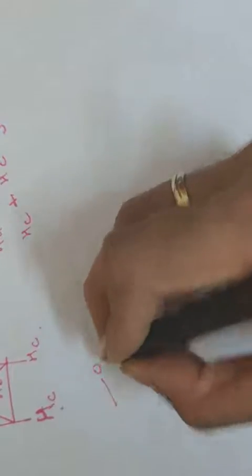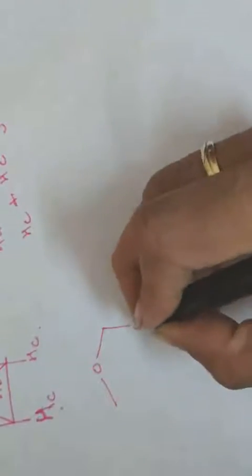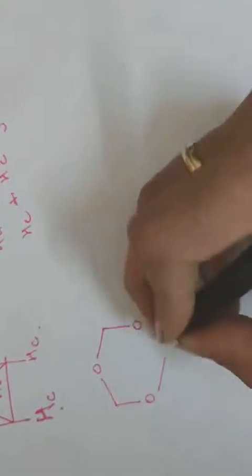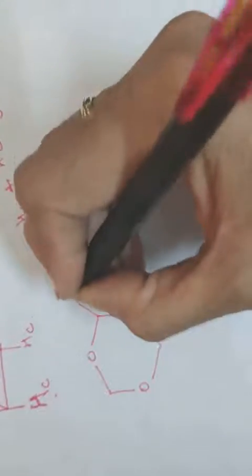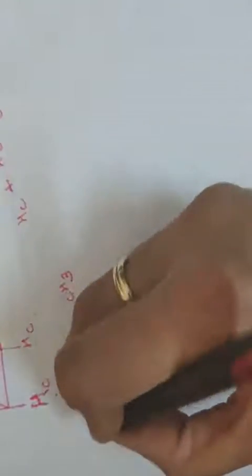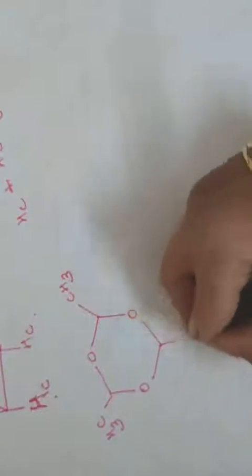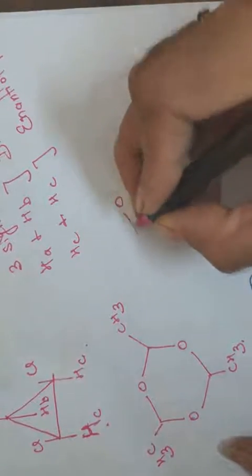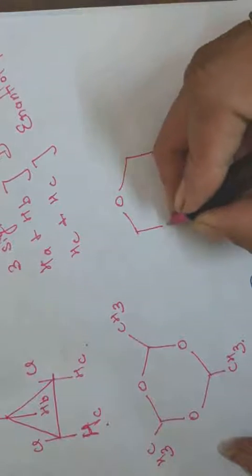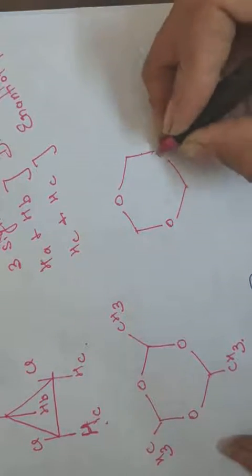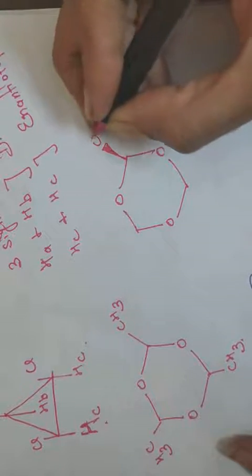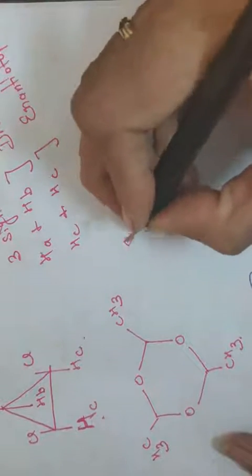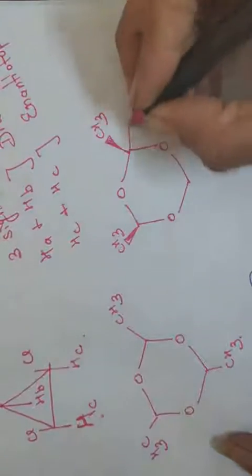Now this one. We have seen that this can be written like this. These are lying above the plane. Hydrogens are not shown here.